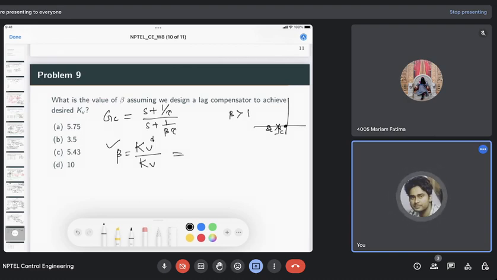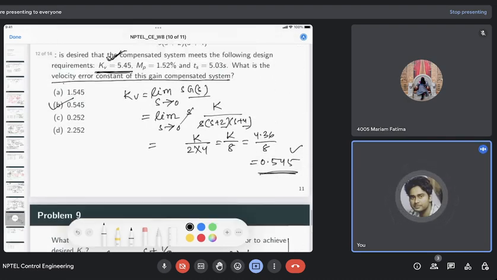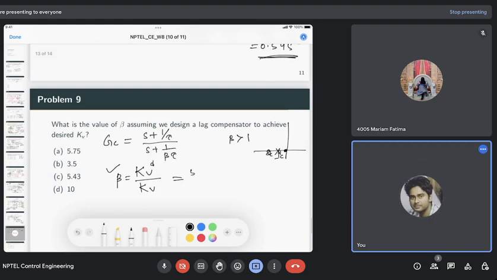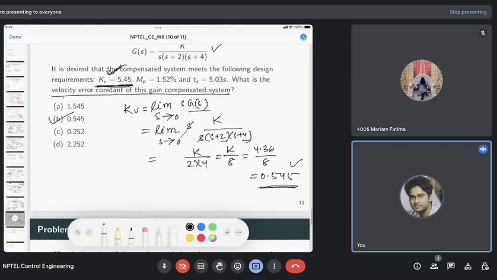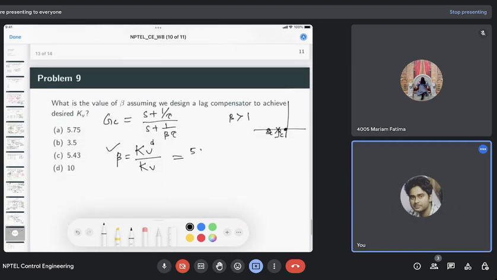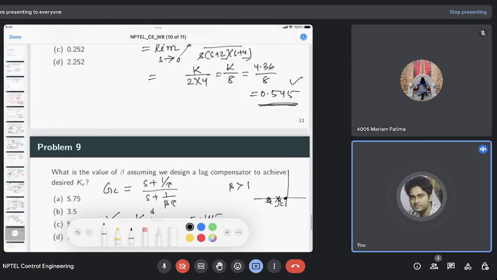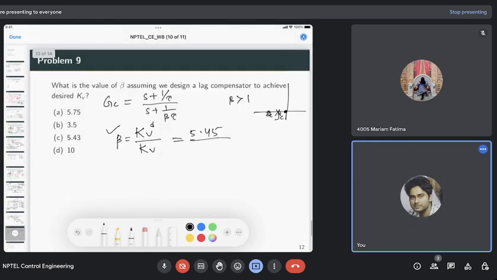So we see that the desired Kv is given as 5.45, and for the uncompensated system it is 0.545. So we see that it's 10. This amount of beta we need.